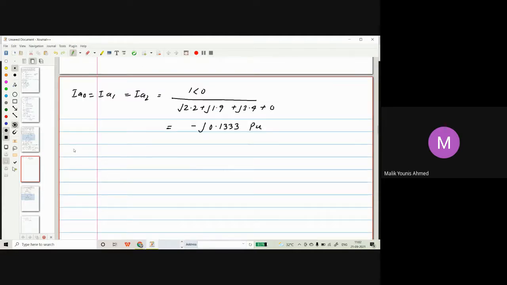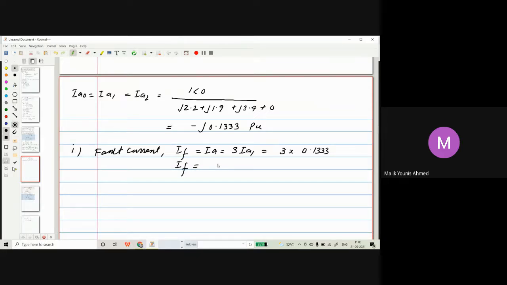First, what we have to find is the fault current. The fault current IF will be equal to the current in phase A, which is 3IA1, that is 3 into 0.1333. J we can use, and we can use the angle later on, but we are interested in the magnitude.